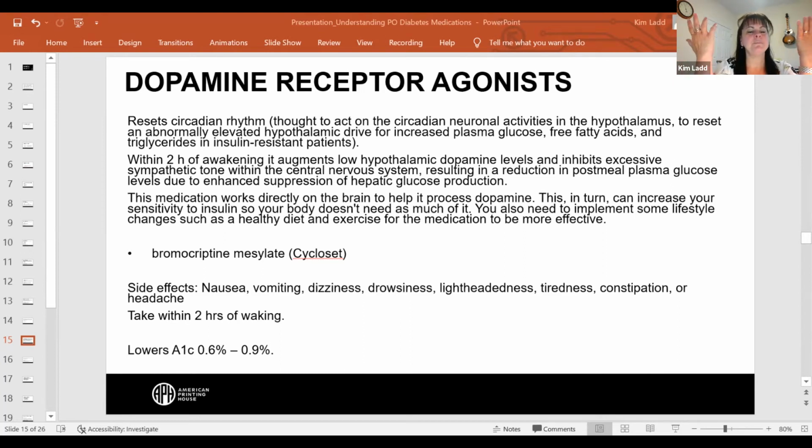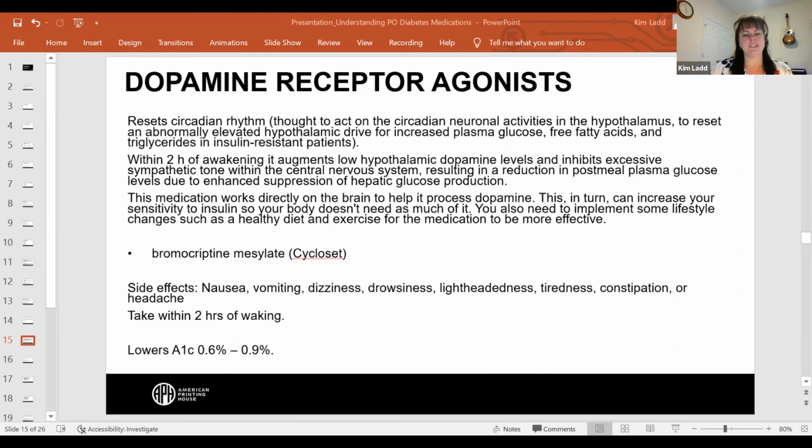Basically, this medication works directly on your brain to help it process dopamine. This in turn can increase your sensitivity to insulin so that your body doesn't need as much of it. So honestly, I've never had a patient with diabetes on this medication, but it is still an acceptable diabetes medication that works for some people.